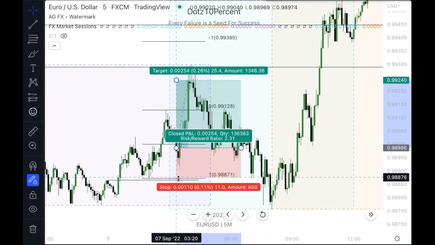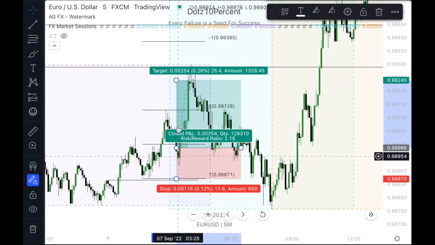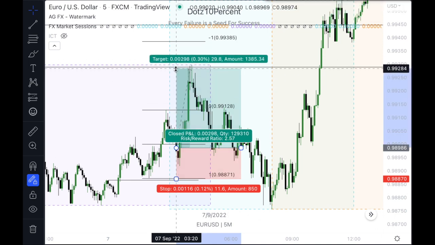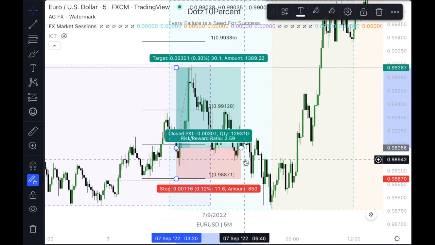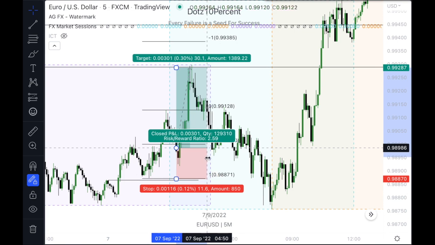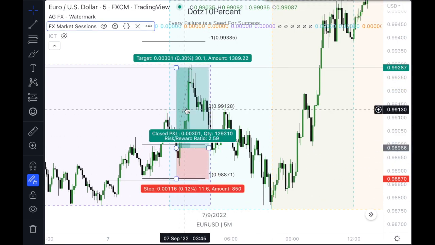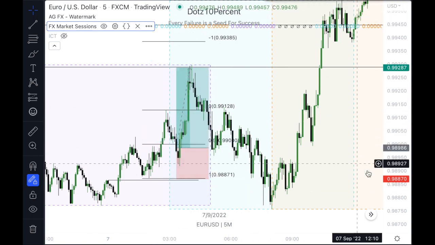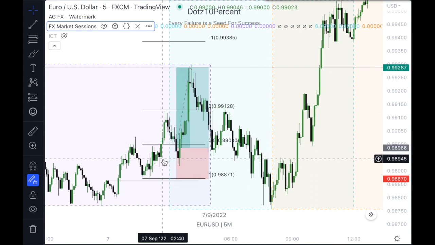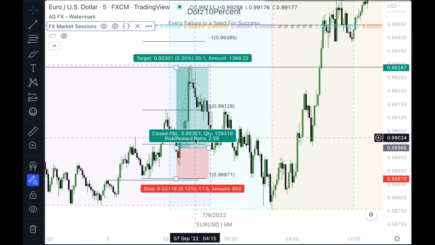I would have placed my stop loss here, and again my take profit up here. That's a solid 2.5%. Especially this specific trade, you can see the displacement. That would have been a very nice quick trade. So that was two good opportunities, in my opinion, to catch longs today.